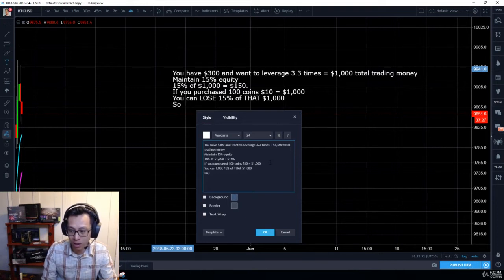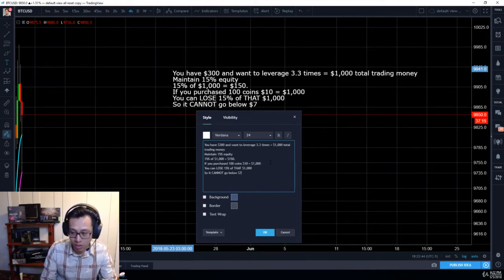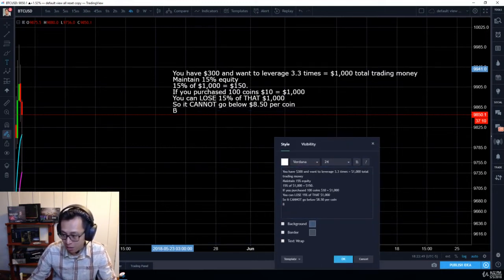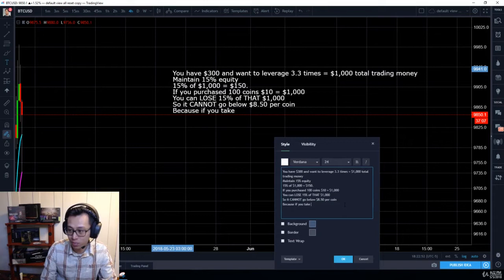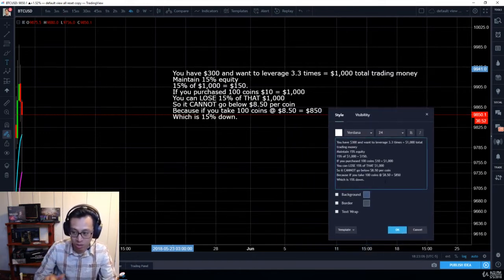So it cannot go below $8.50 per coin, because if you take 100 coins at $8.50, it's equal to $850, which is 15% down.